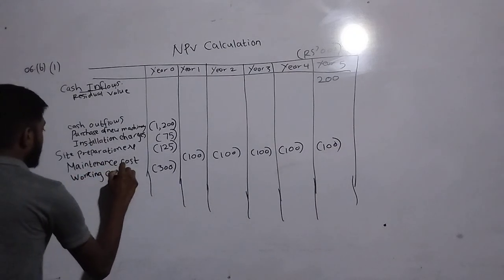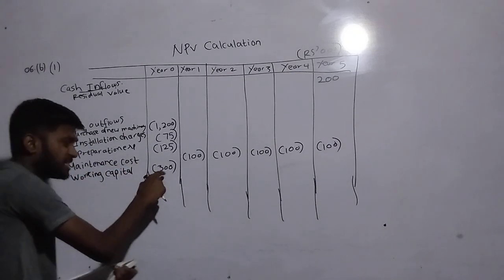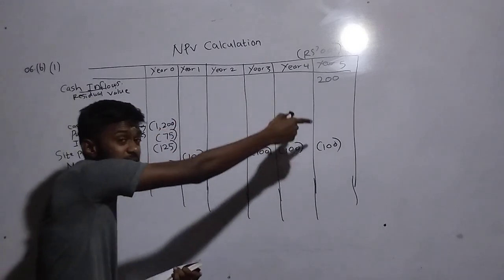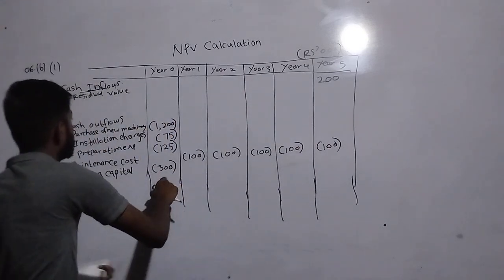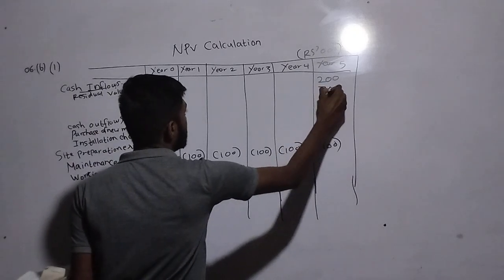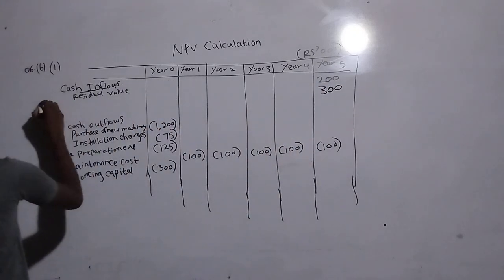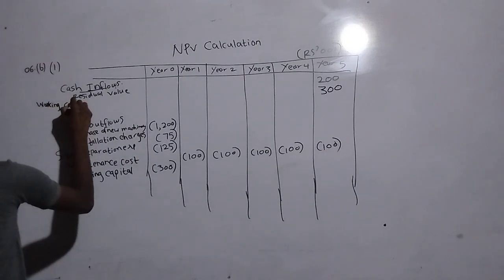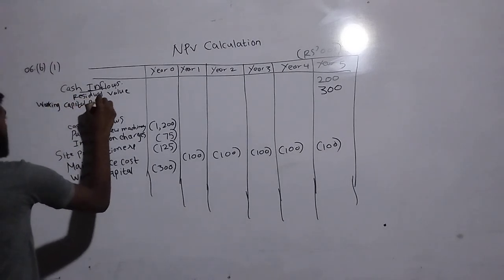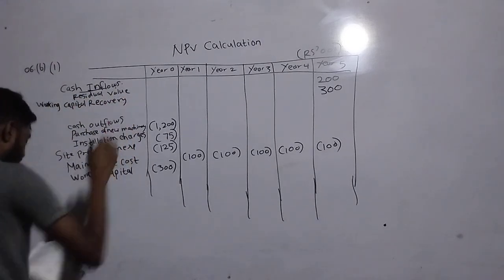And also they are saying further that this 300,000 you can recover at the end. That means at the end of year 5 you can recover this. So here plus 300, working capital recovery. As simple as it is.